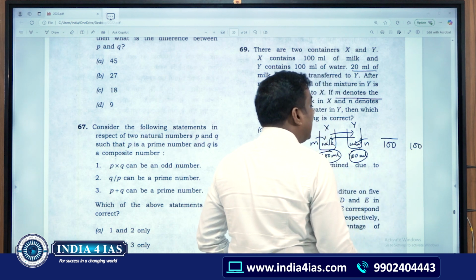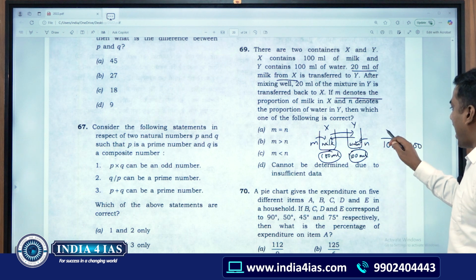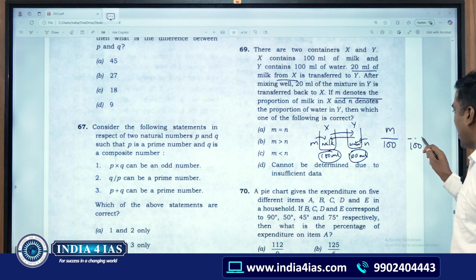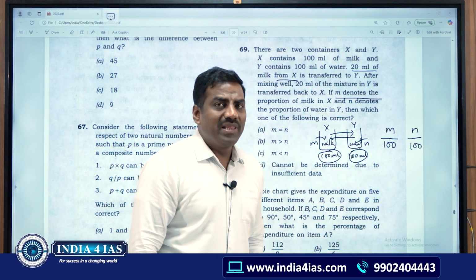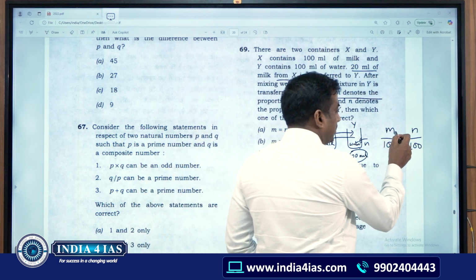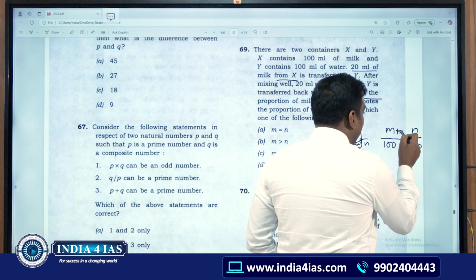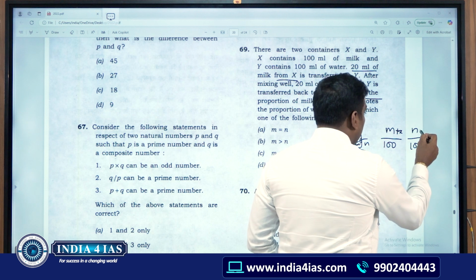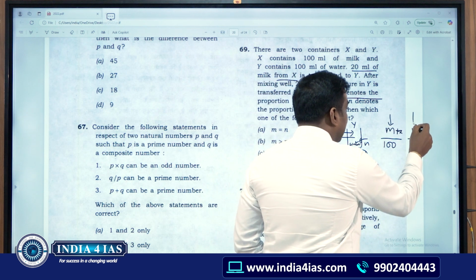Now let's say M of milk is remaining here and N of water is remaining here. What will be the rest? If M is this one, some extra will be what? Some extra will be water here and here the same amount of extra will be milk. Here M is milk and N is water.